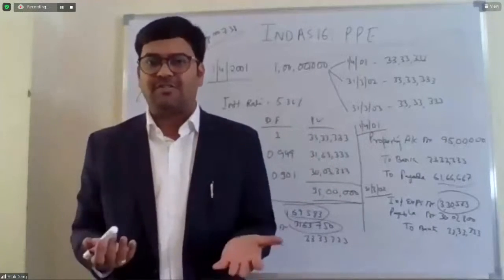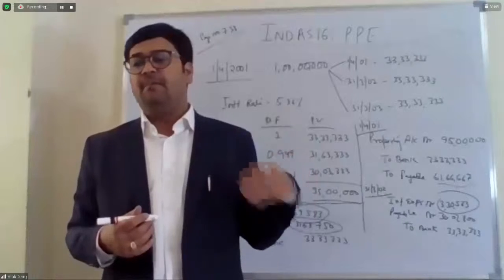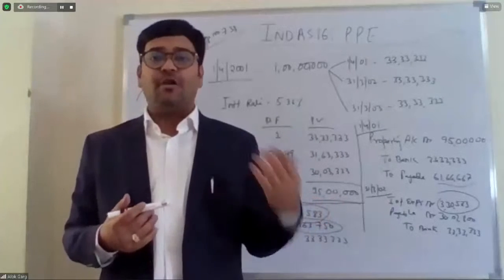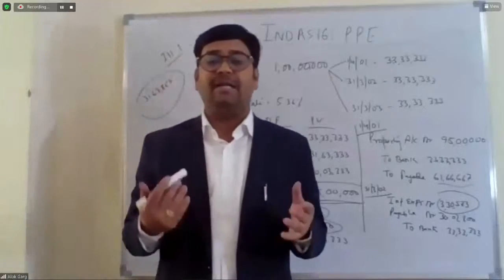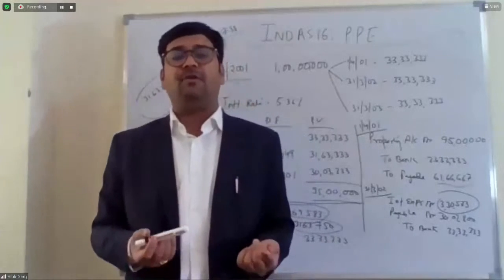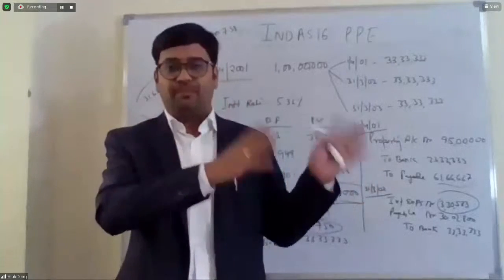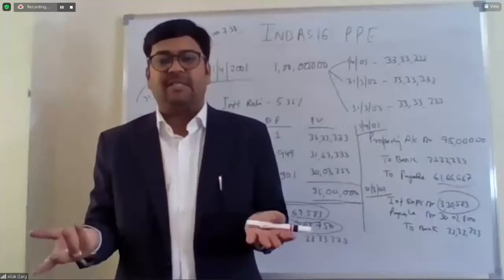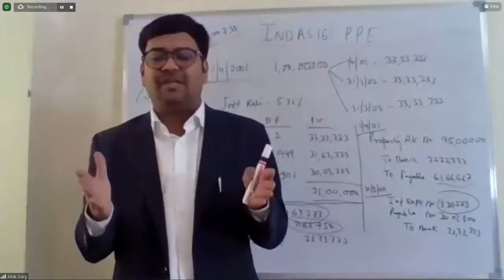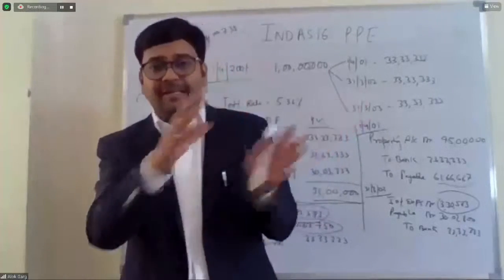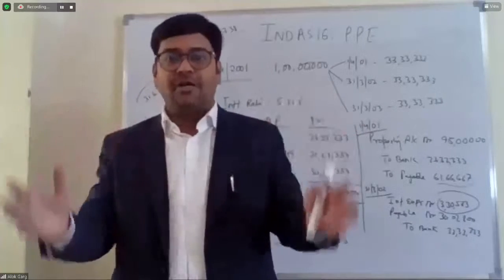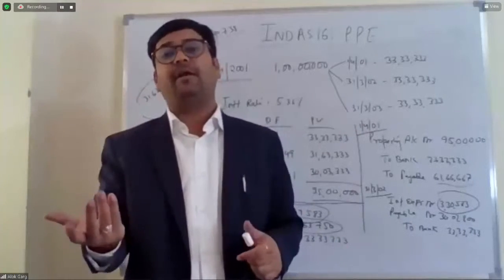Cost includes purchase price plus import duties plus non-refundable taxes less trade discount and rebates plus directly attributable cost. Directly attributable cost means had the asset not been there, the cost would not have arisen. This is a cost which is required to be incurred for getting the asset into a location or condition necessary to make it productive.